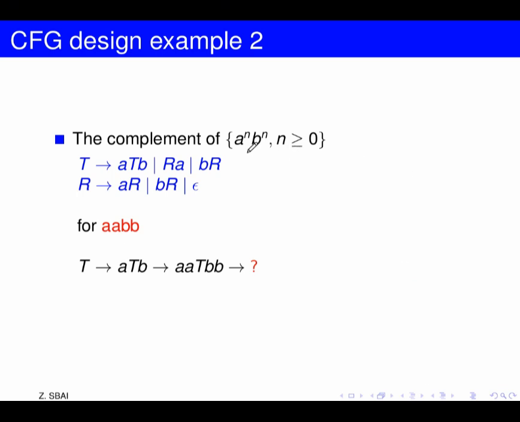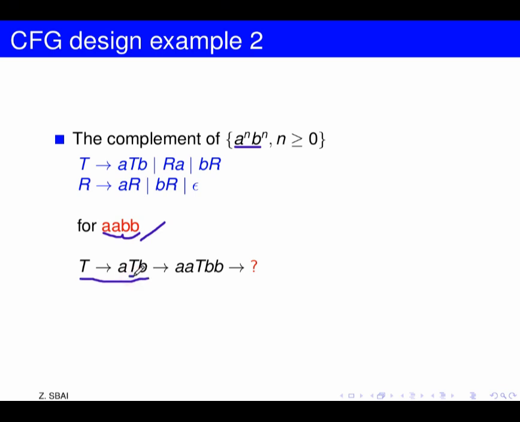Now let's take an example of a string in the form a to the n, b to the n, and show that it cannot be generated by this grammar. Take, for example, double a, double b. So we'll start with the variable T, and we will choose the rule aTb.